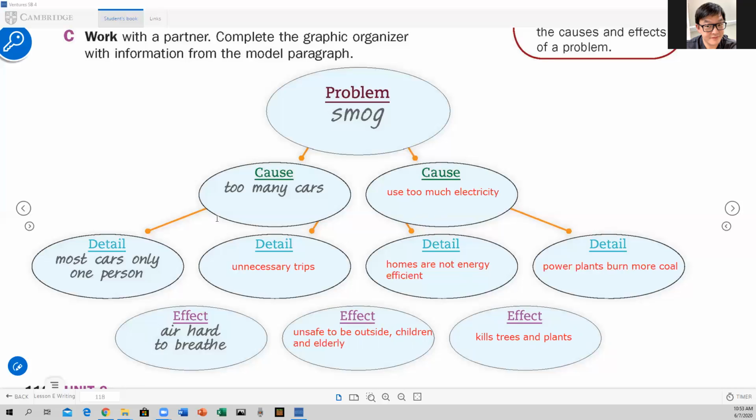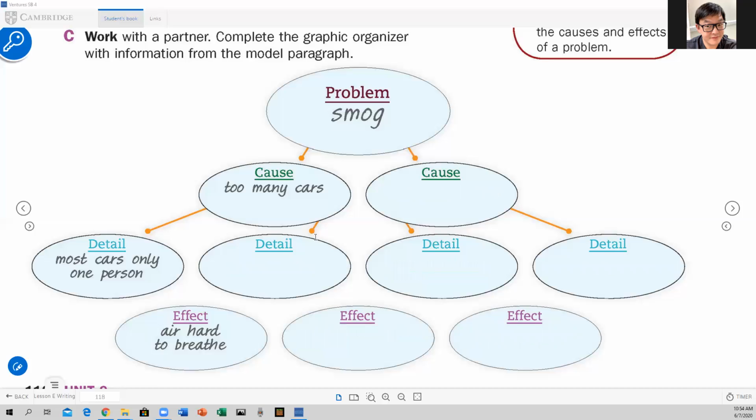And that's why we have this exercise, to help you improve your comprehension of the text, and also to improve your writing skills. Okay, I just want to go to the next page. Okay, page 119. Let's go to the next page.